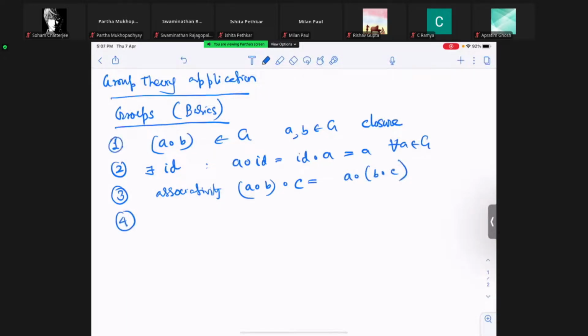Inverse. So these are the 4 properties, and groups can be either commutative, where the group operation commutes, or non-commutative.